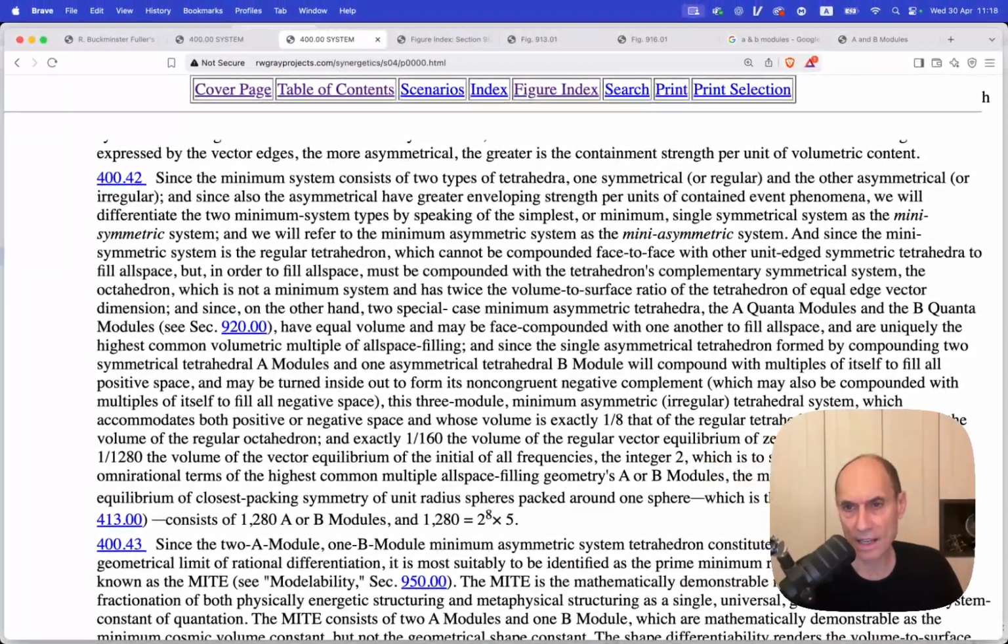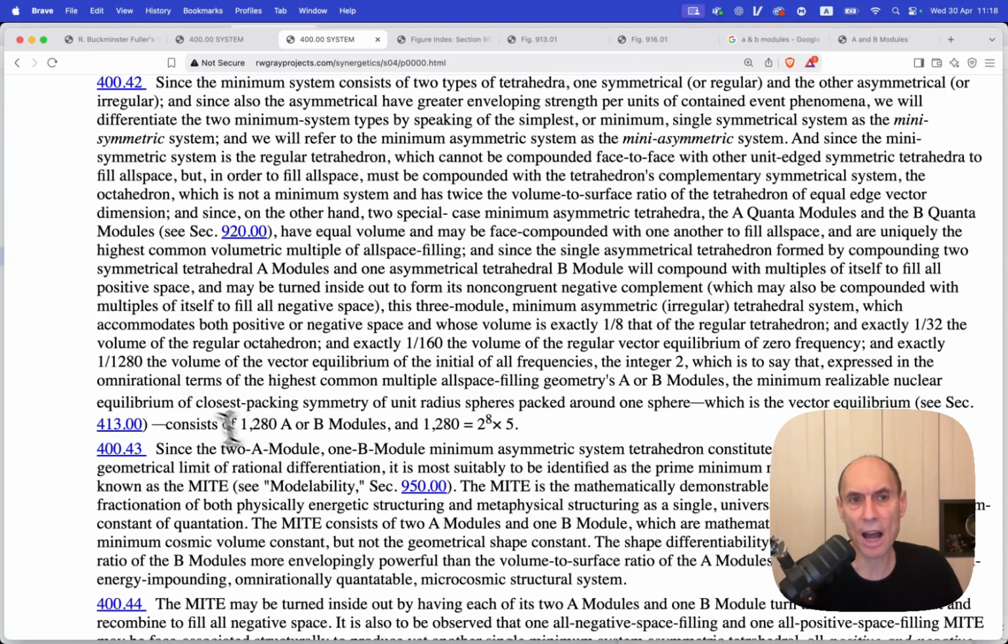which is to say that expressed in the omni-rational terms, omni everywhere, rational ratios, of integer ratios, of the highest common multiple of all space filling geometries, A or B modules, the minimum realizable nuclear equilibrium of closest packing symmetry of unit radius spheres packed around one sphere, which is the vector equilibrium.